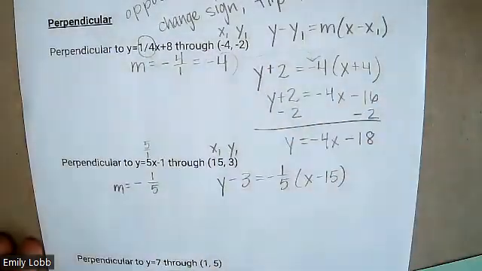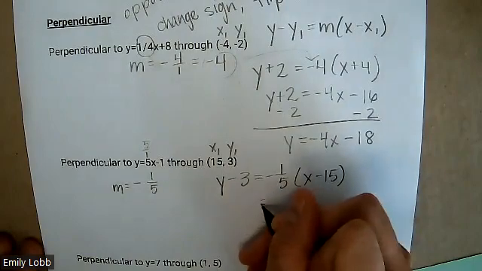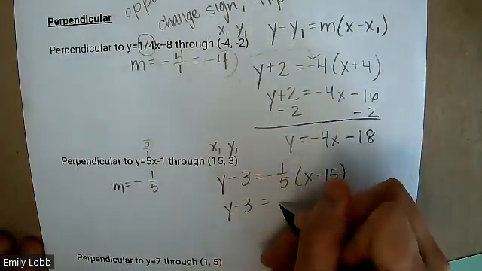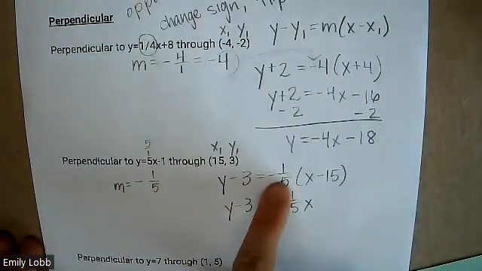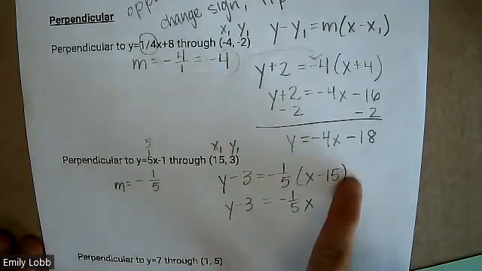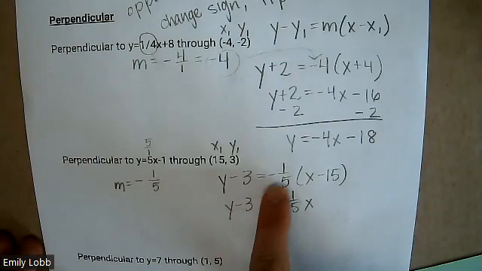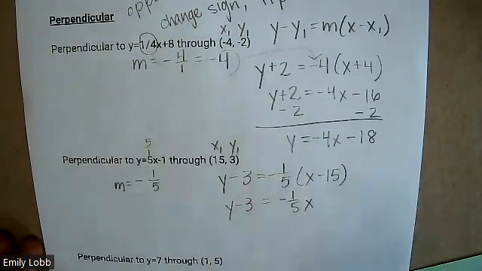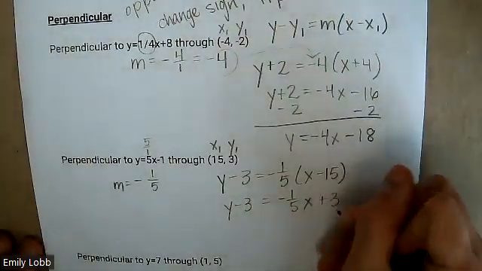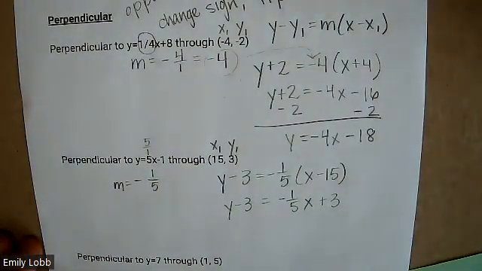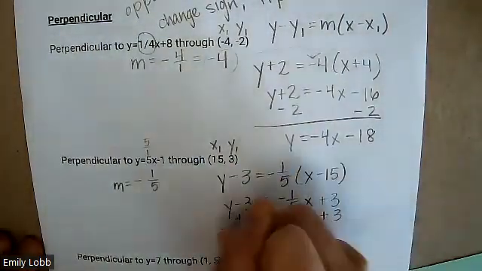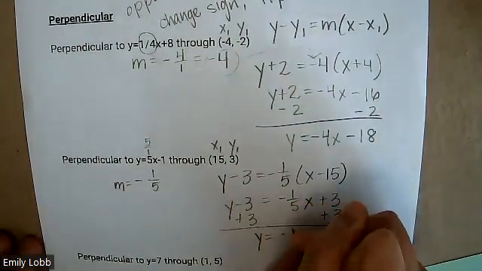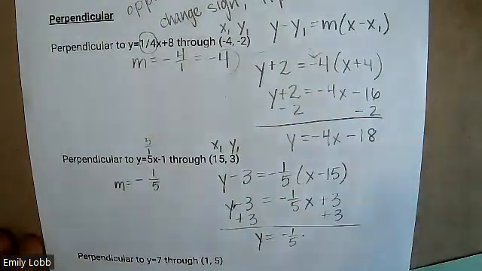Now I'm simply distributing. y minus 3 is equal to negative 1/5 x. When I have something below, I'm dividing by that. 15 divided by 5 is 3. Negative times negative is a positive. And then I'm solving for y. So y is equal to negative 1/5 x plus 6.